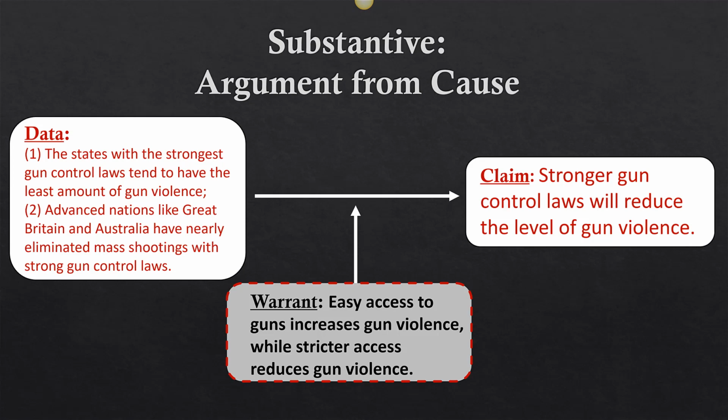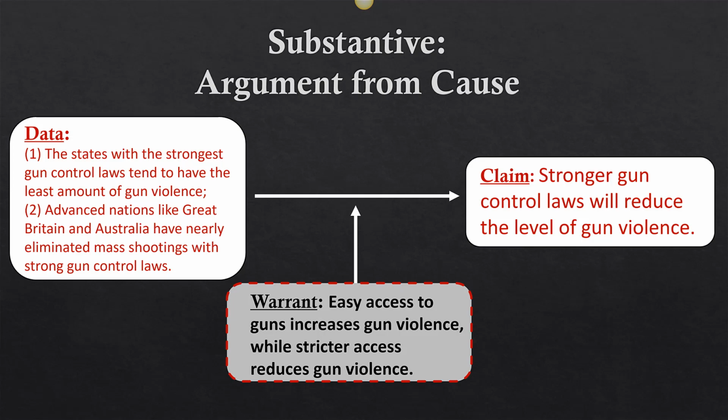That if you have strong laws, the violence level goes down. And so if we don't have strong laws, but we make our laws stronger, perhaps we too can reduce the level of gun violence in much the same way as the states with the strongest laws, as well as our allies like Great Britain and Australia.